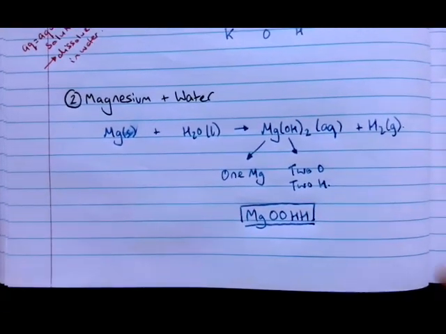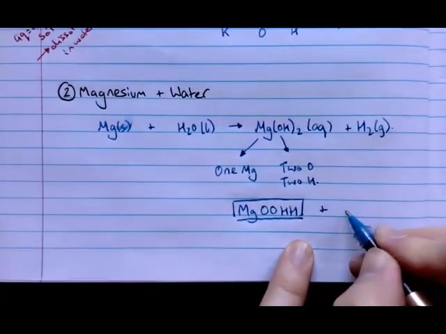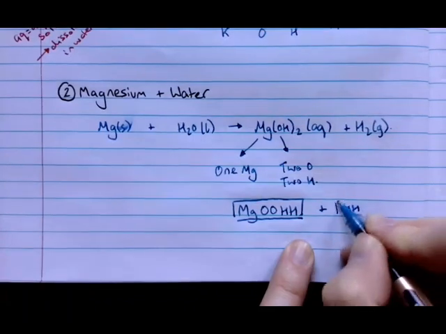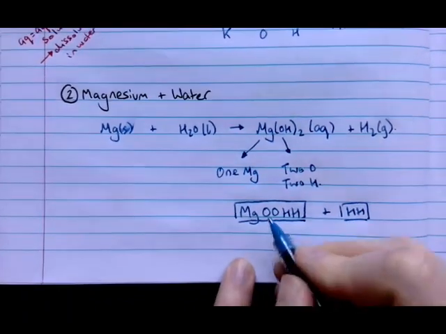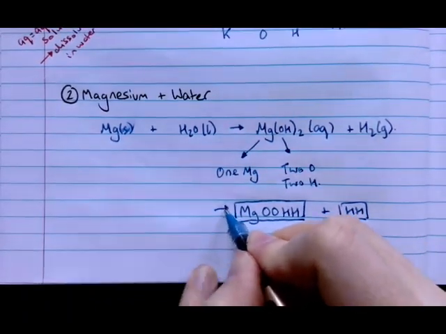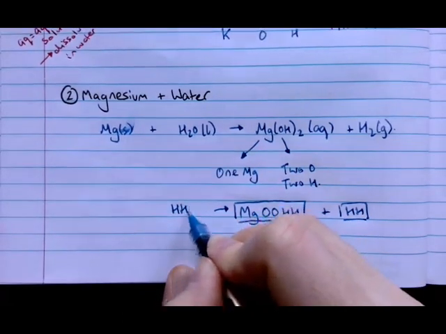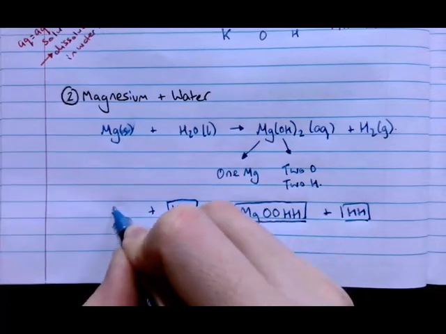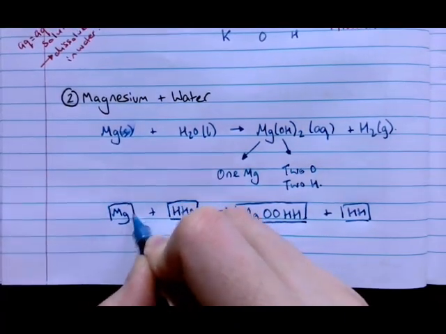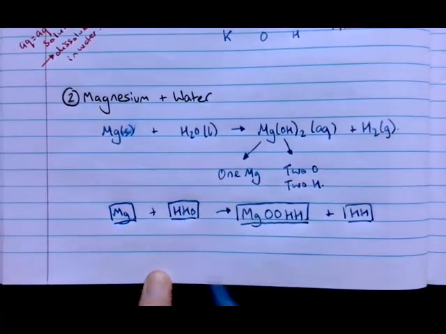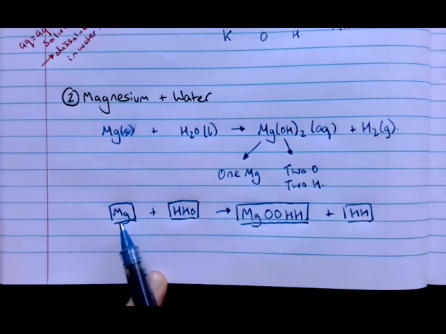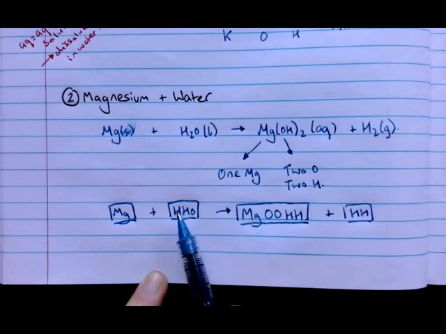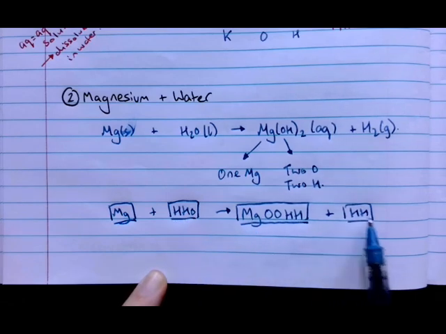Okay, so you should have got, if we do it all out, that's my hydrogen. I've already got my magnesium hydroxide. My water is going to be H H O. And I've got my magnesium. So if I look, magnesium 1, that's good. Hydrogen 1, 2. Over here 1, 2, 3, 4.